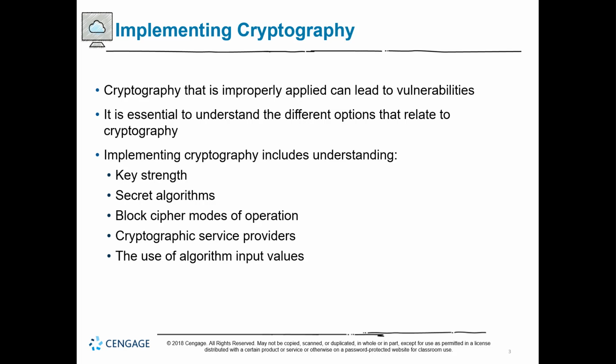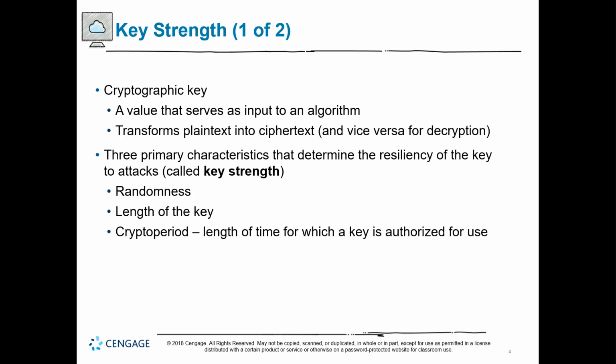So let's go ahead and look at key strength. A cryptography key is a value that serves as an input to the algorithm that transforms the plain text into ciphertext, or vice versa, depending on if you're encrypting or decrypting. So the key is going to be used as the mathematical input for the algorithm.